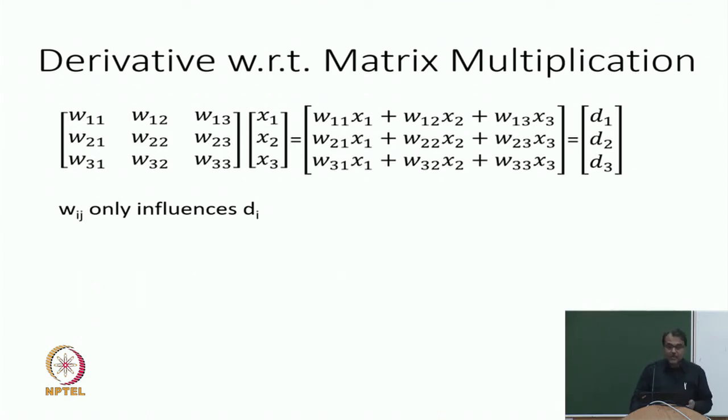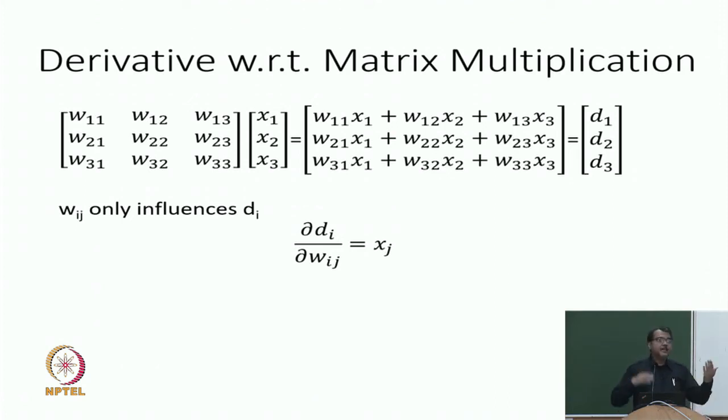Moreover, the derivative of di with respect to Wij would be equal to xj, because it is a simple addition and a product, and the product is with respect to xj.